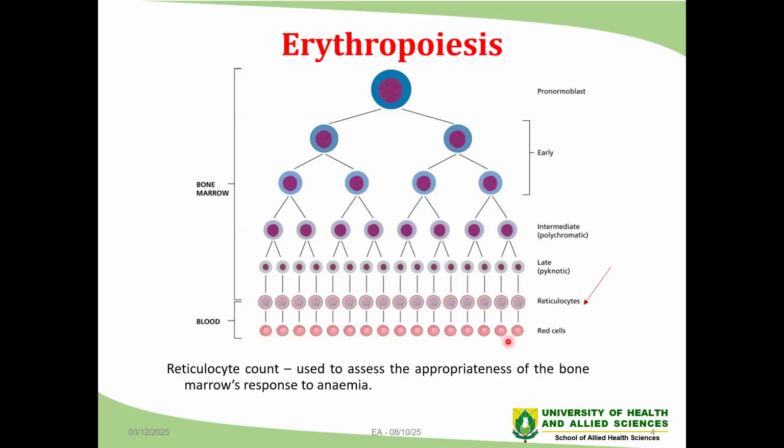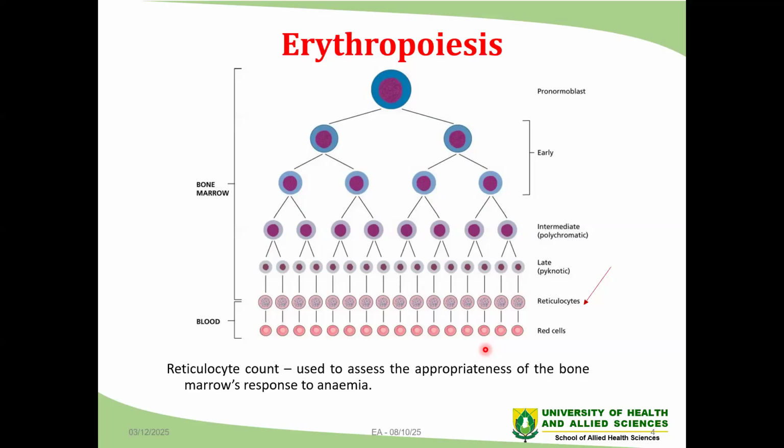Now, the reticulocyte count is important when it comes to diagnosis and monitoring of a patient's condition. Here, it is used to assess the appropriateness of the bone marrow's response to anemia. So when there's anemia, there's a reduced red cell count and reduced hemoglobin, and the bone marrow tries to produce and release more red cells.